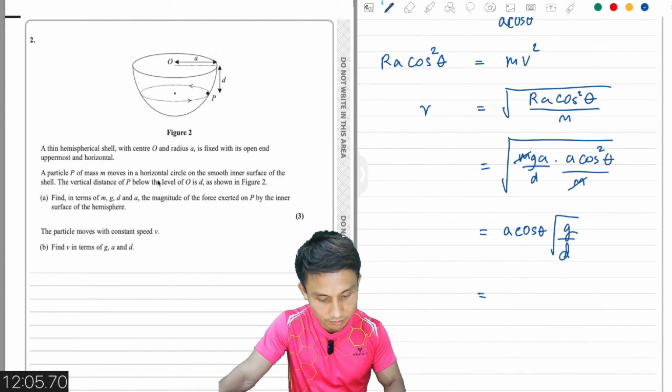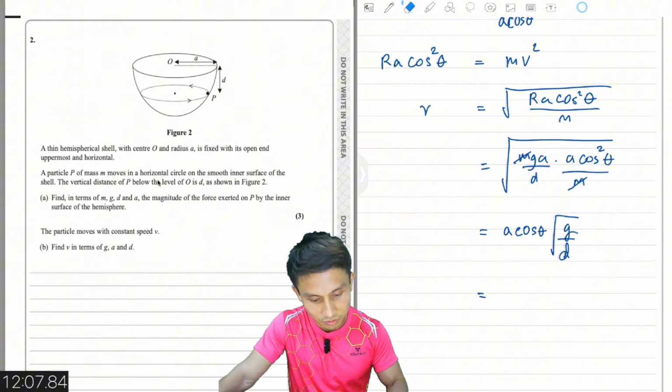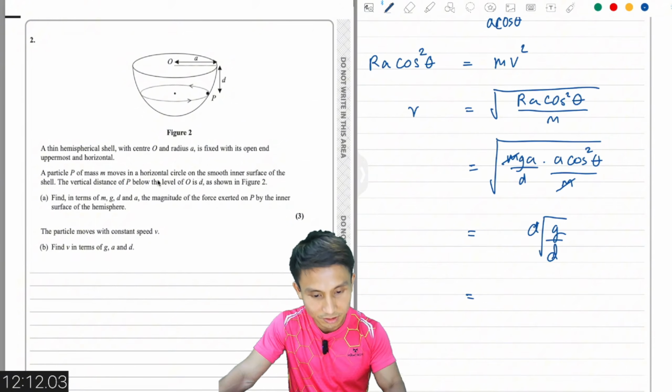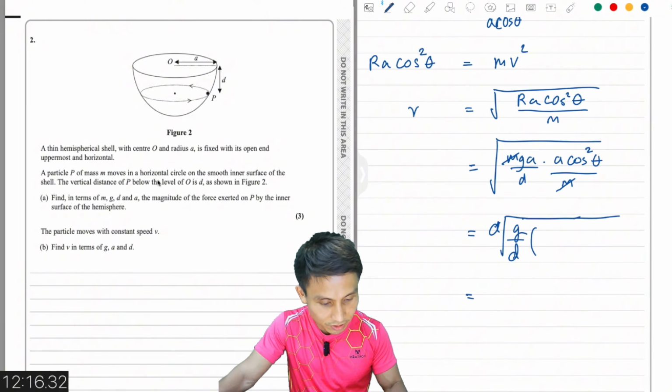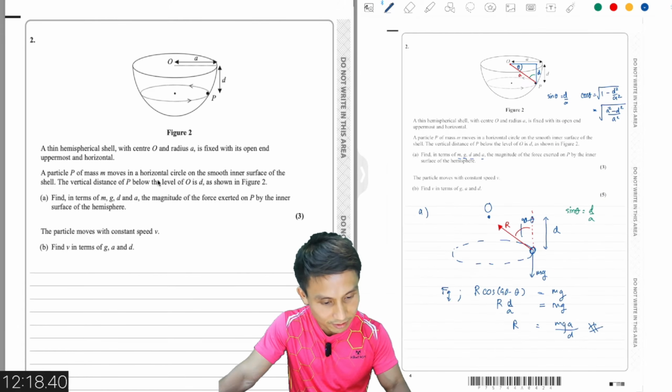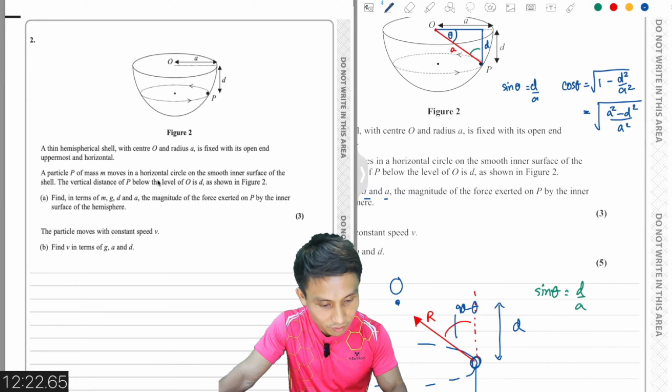Okay, so I think I shouldn't have brought cos outside, so I'm just going to keep a outside and cos squared kept inside, which is that thing right there, because it's already in the square root. So here I wrote cos squared theta is just a squared minus d squared over a squared.